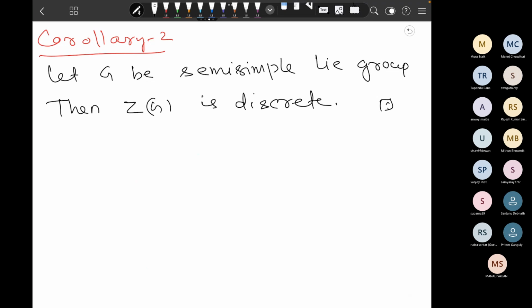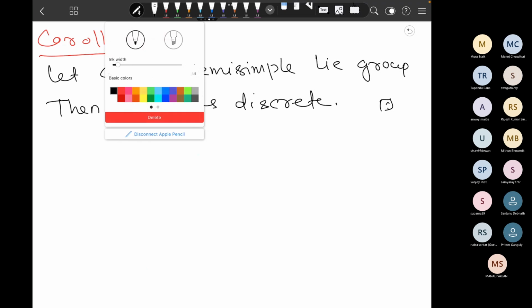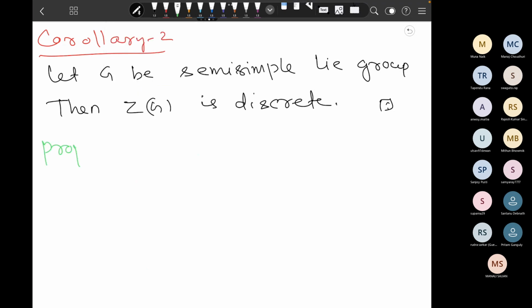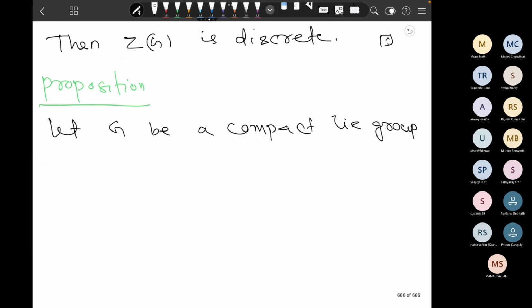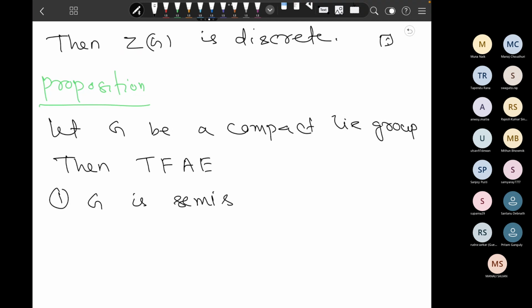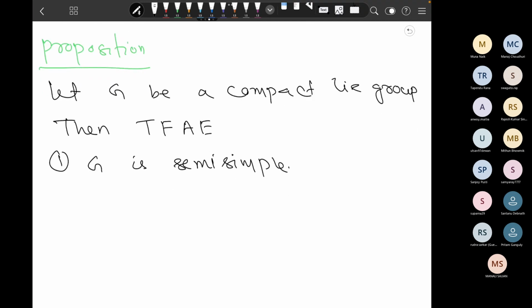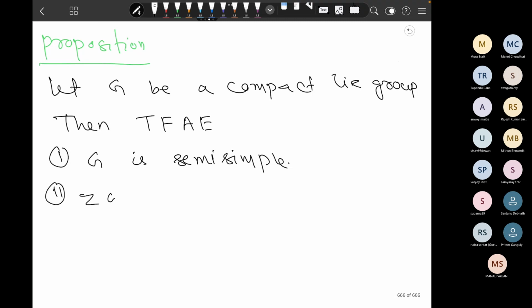Okay. So now one proposition. Let G be a compact Lie group. Then the following are equivalent. First, G is semi-simple. The second, Z(G) is finite.